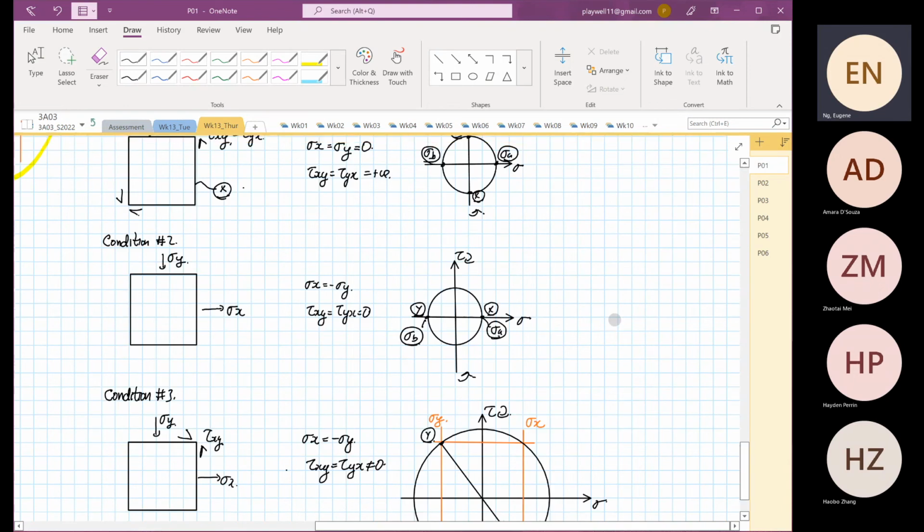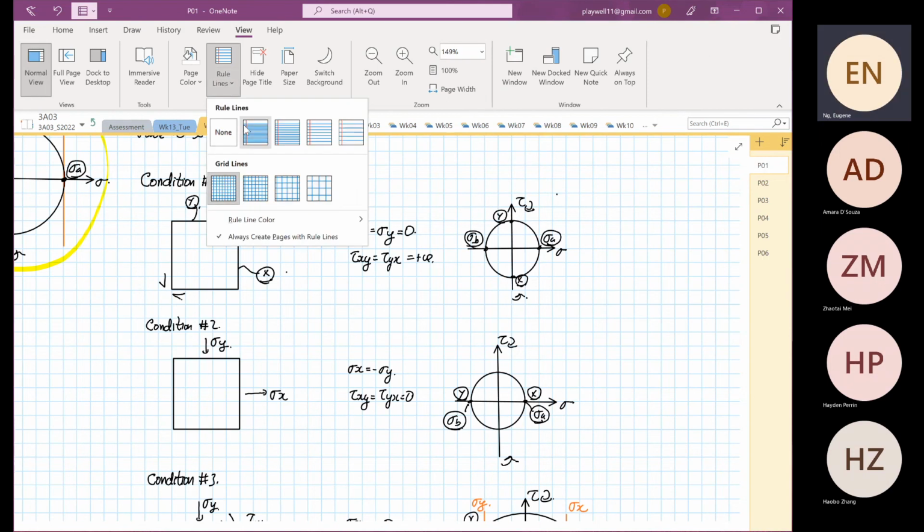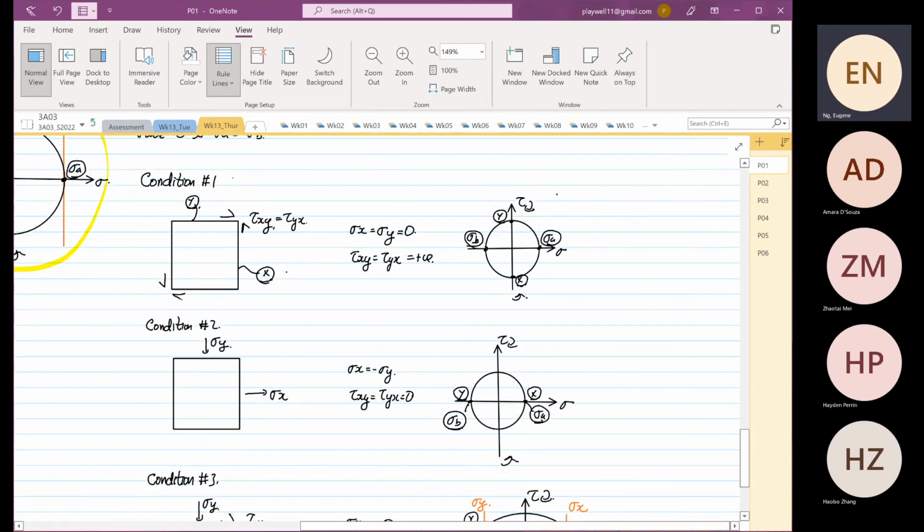Condition number 1 is what we call the pure shear condition.